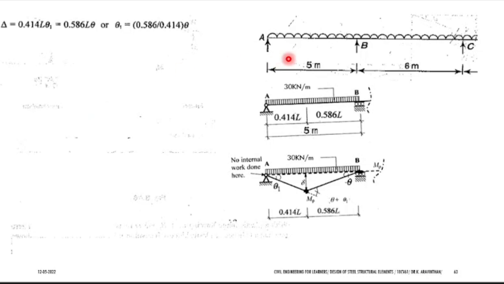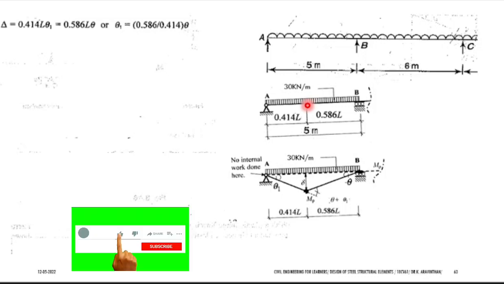So there is a theory: if you have a uniformly distributed load, what is this ratio? 0.414 L and 0.586 L. At this point you will have a hinge. If you have a simply supported beam, with both sides the same, you will have the plastic moment exactly at the center.